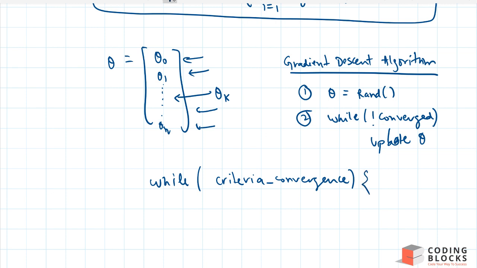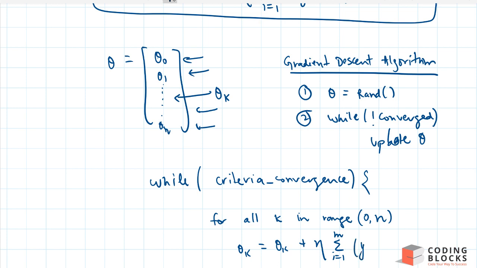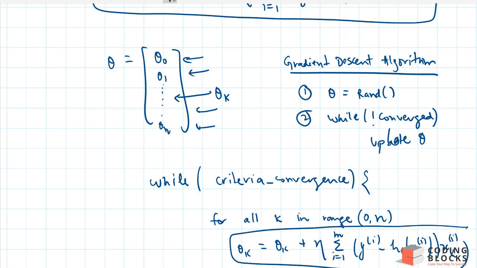What you will do is, for all k in the range 0 to n, update θk plus η times the summation i goes from 1 to m of (y^(i) minus h_θ(x^(i))) into xk^(i). This is the update and this is the algorithm.